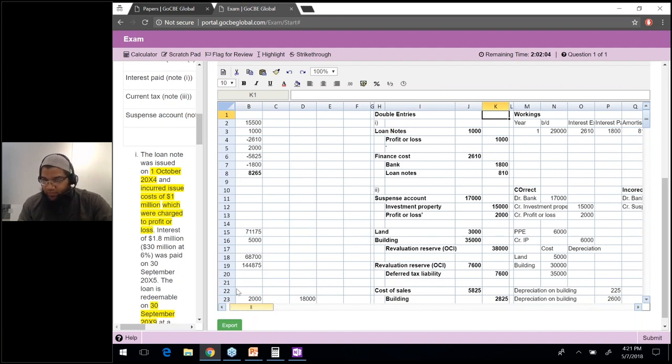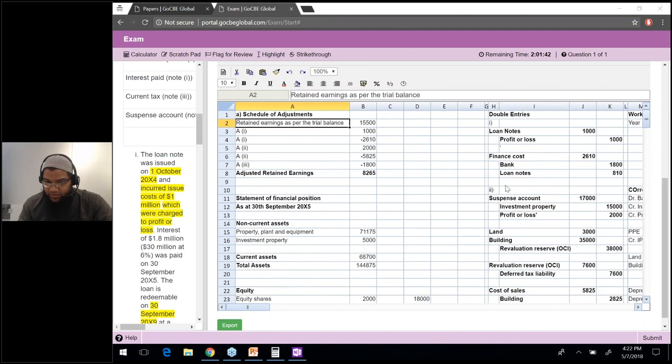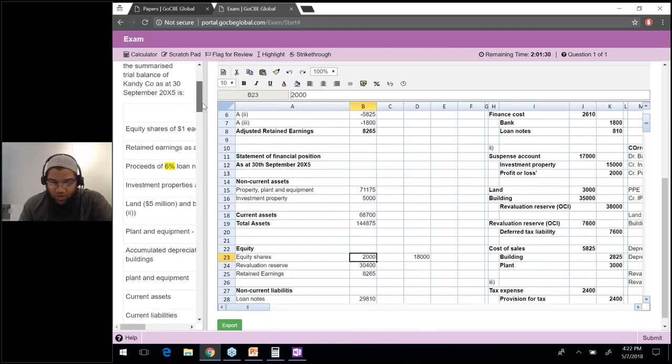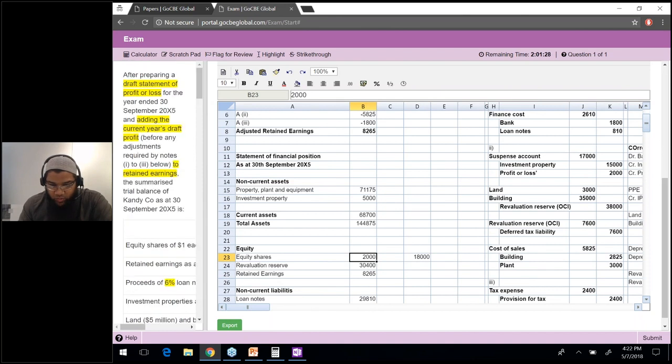Let's see, where have we made the mistake? We have taken the retained earnings. Let's check equity. Okay, here's the mistake. Actually, the equity shares in the question was 20,000.